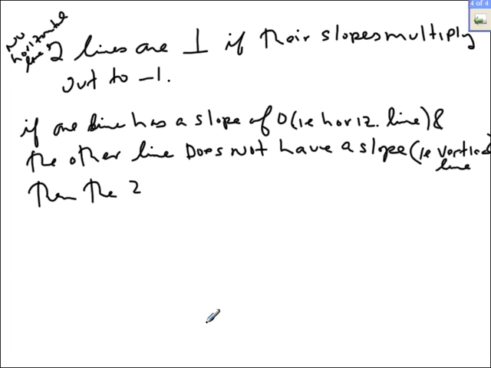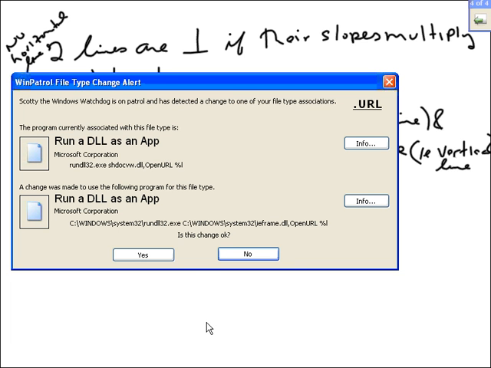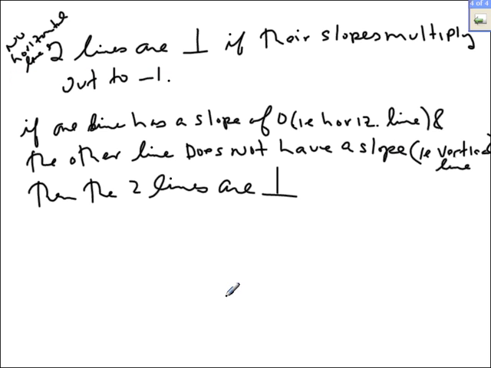Maybe I didn't say it at the very top, but that last symbol that I wrote on the bottom and the symbol I wrote on the top mean perpendicular. Sorry about that.